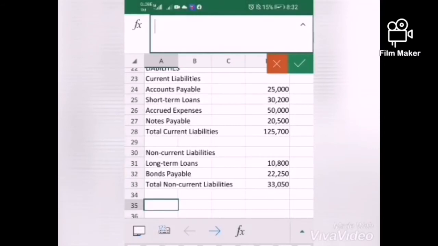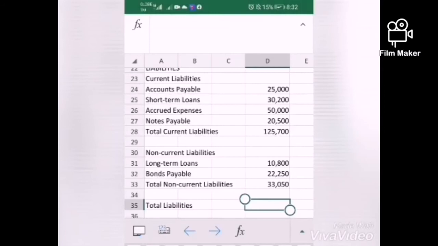Now, add the total current liabilities and total non-current liabilities, so it will give us a total liabilities of 158,700.